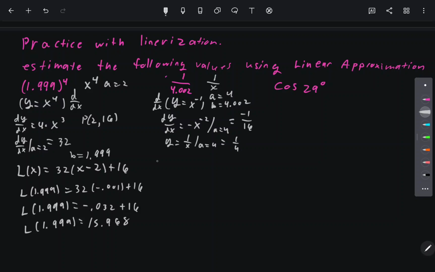So we can now write down our linearization of x is going to be negative 1/16 times, or sorry, x minus 4, or sorry, not times, plus 1/4.